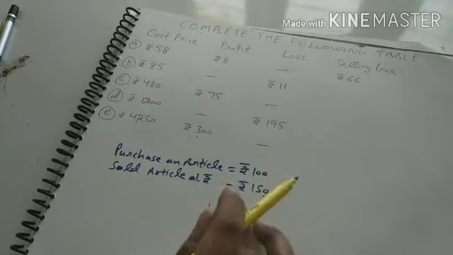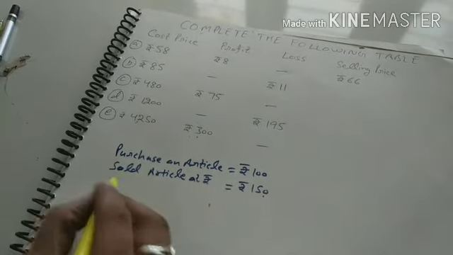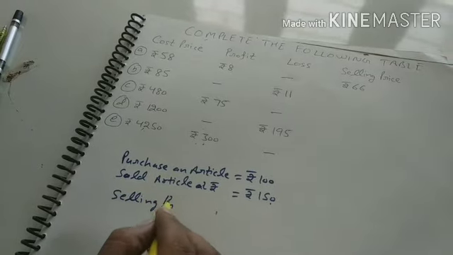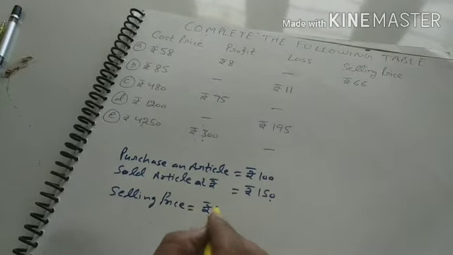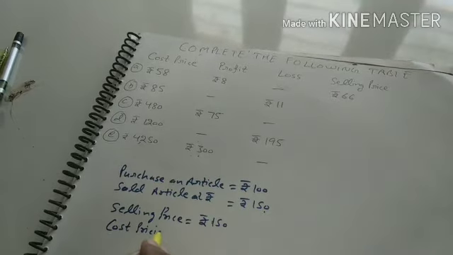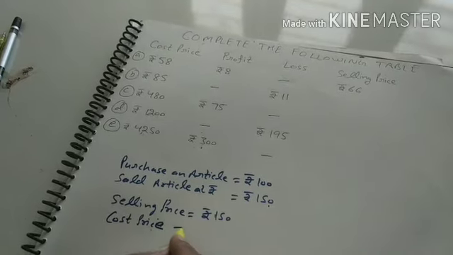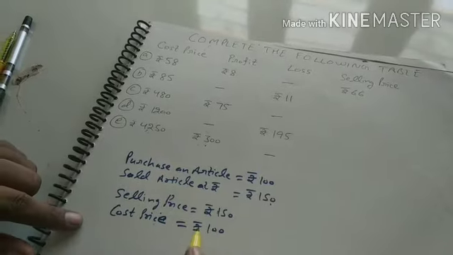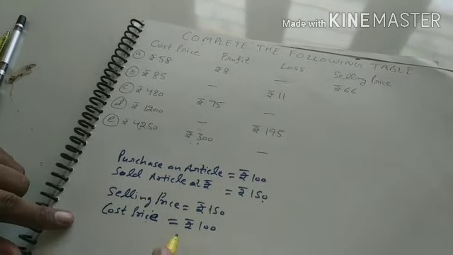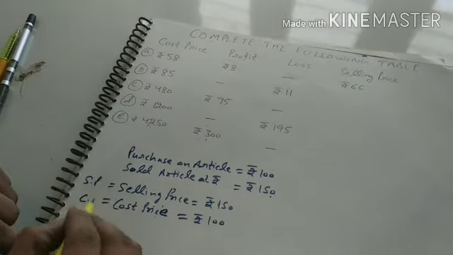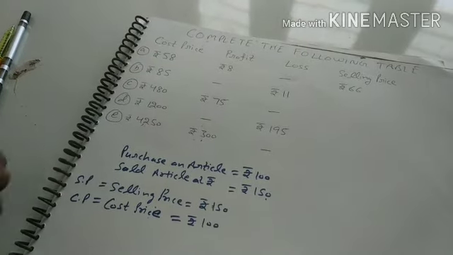So my selling price is rupees 150 and my cost price is rupees 100 only. The selling price is called SP in the short form, and cost price is called CP in the short form.